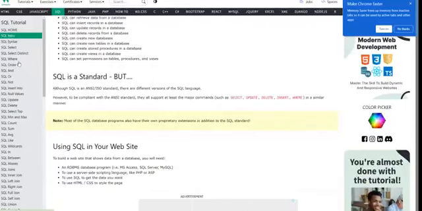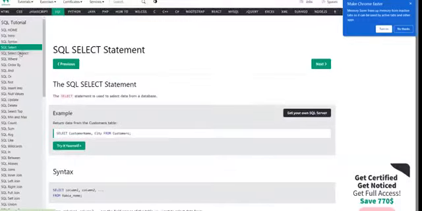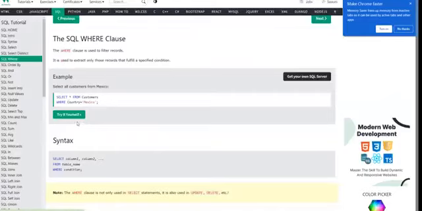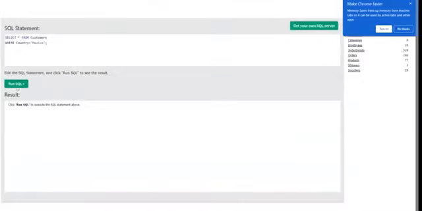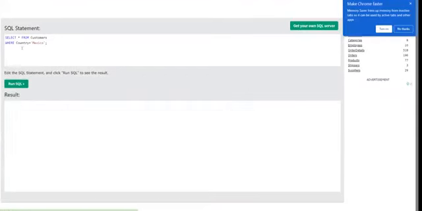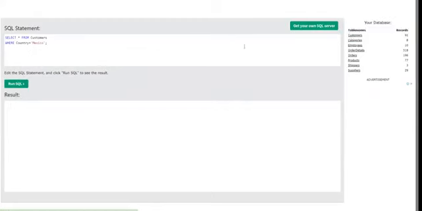The SQL introduction, syntax, other commands. You can try and understand these basic concepts. Then it would be an advantage for your exam.